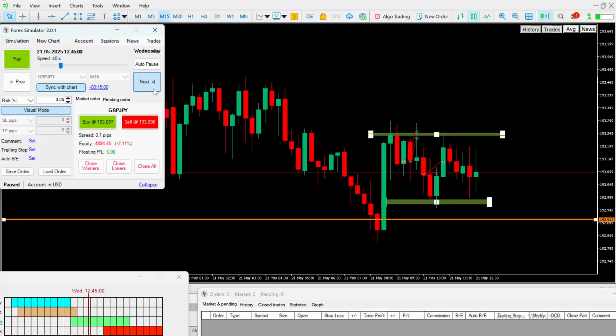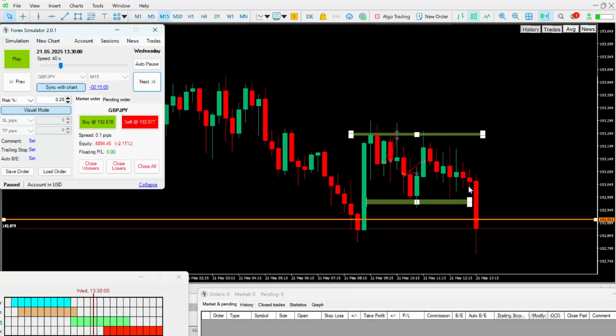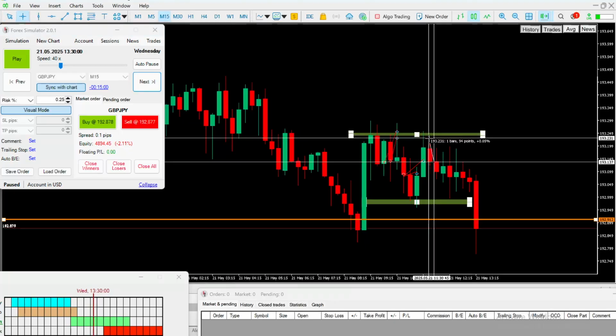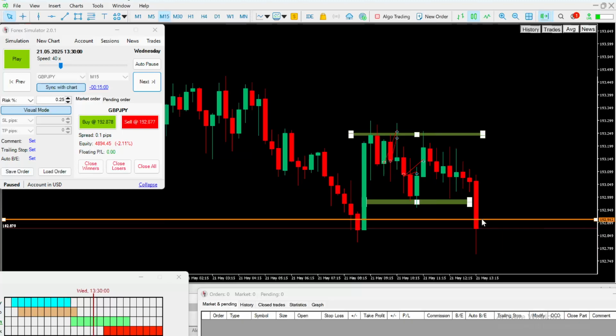100 points, 200, that's like 2.5%. Could have been in the green. But we are sticking to our plan.